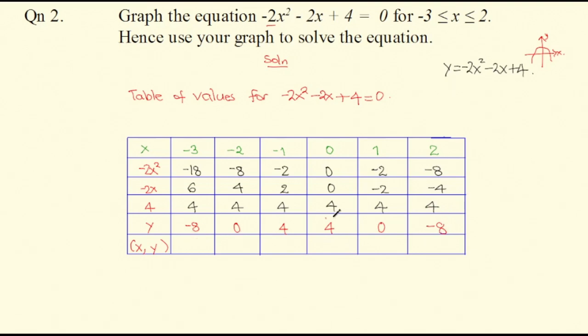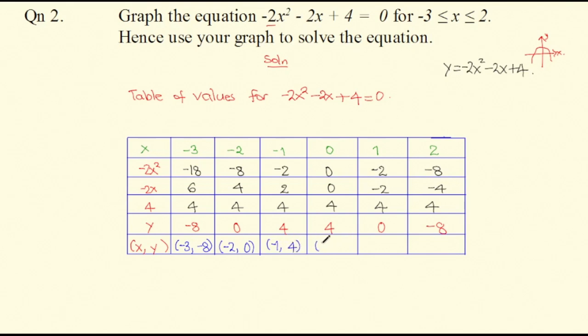So let's collect these points to form our coordinates that can be plotted in the Cartesian plane. The first point has x as -3 and y as -8. The second has x as -2 with y as 0. The third point is -1, 4.